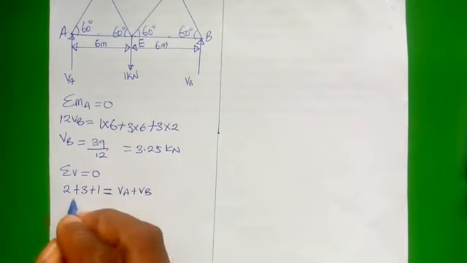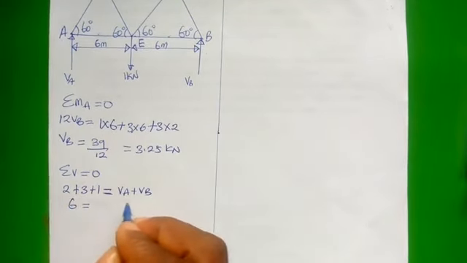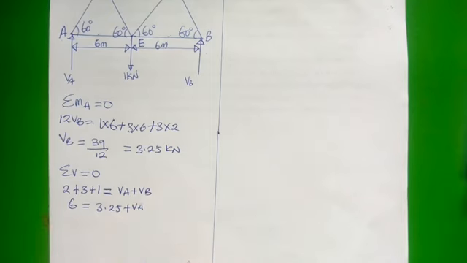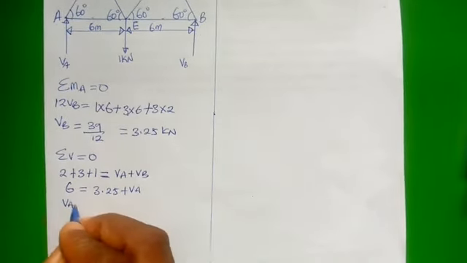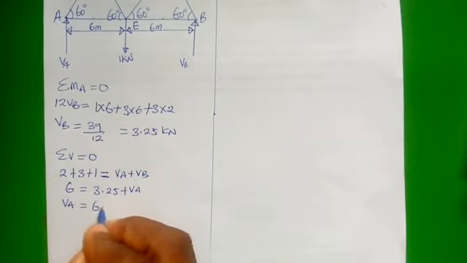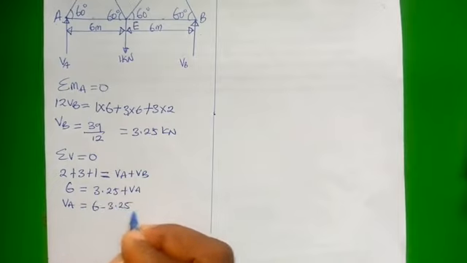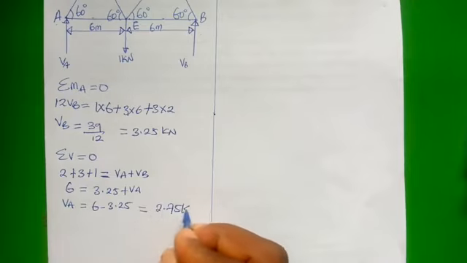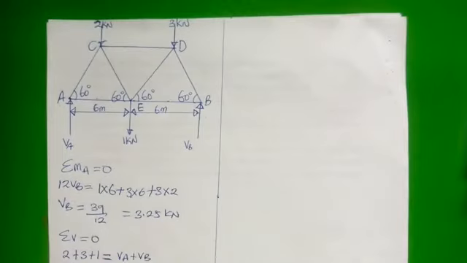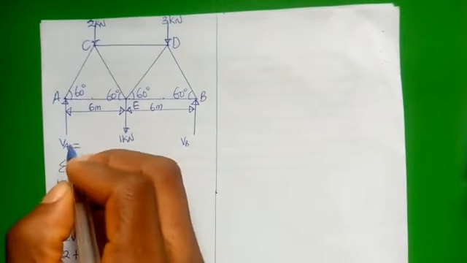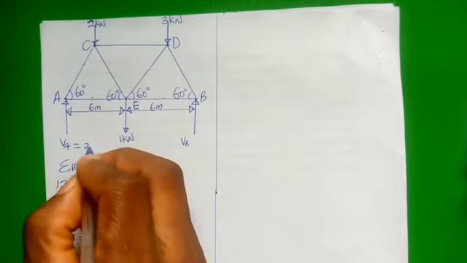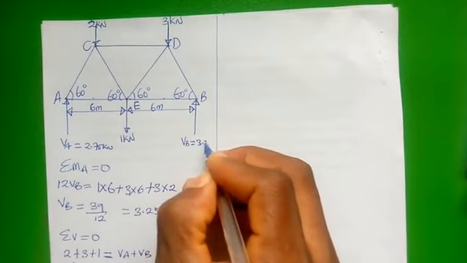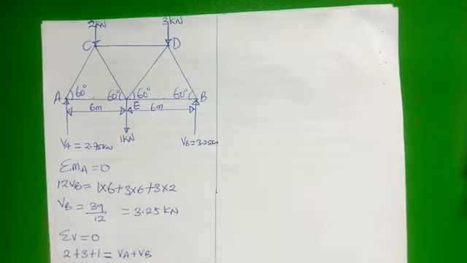We have 6 is equal to, already we know VB to be 3.25, then plus VA. So our VA is equal to 6 minus 3.25, which is equal to 2.75 kilonewton. Now let's write the values. We got VA to be 2.75 kilonewton and VB to be 3.25 kilonewton.